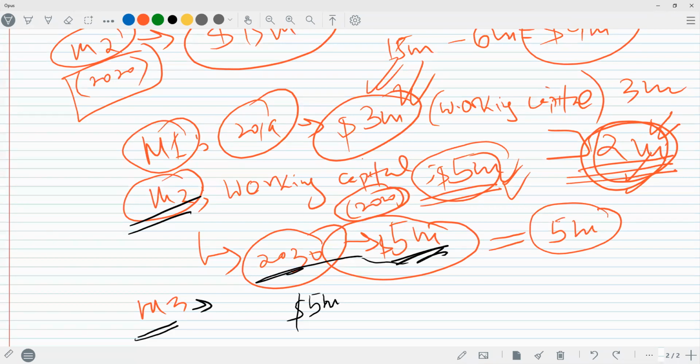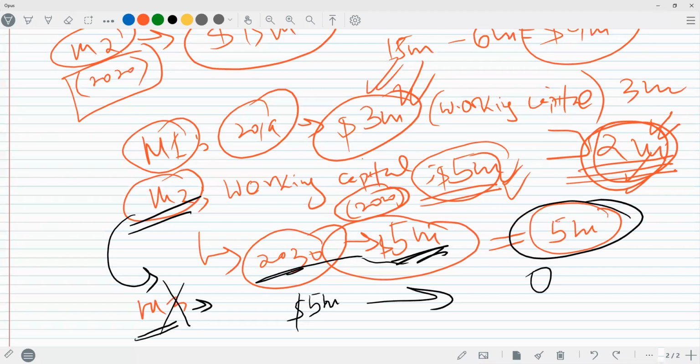No, we don't need to. Therefore, in the year 2030 there will be zero working capital recovery, no cash inflow in terms of working capital. In case the company replaces machine 2 with a new machine 3 in 2030, there's no recovery. But in case there is no replacement, we shall be recovering the entire 5 million.